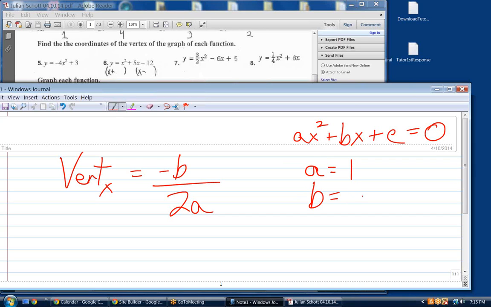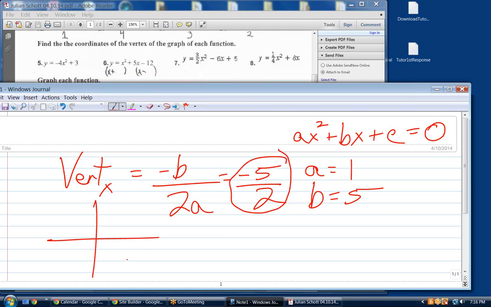Notice that we don't need c. C's not anywhere in that. So what's minus b over 2a? Negative 5 over 2. There's your x value. Now, that's something else other than just your x value.